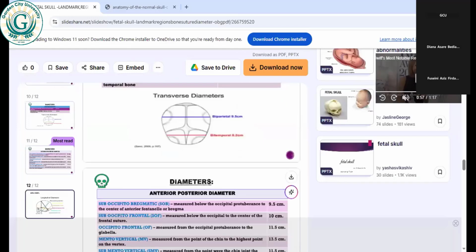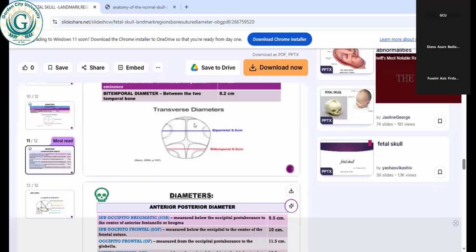Presenting diameters. Some presenting diameters are more favorable than others for easy passage through the maternal pelvis, and this will depend on the attitude of the fetal head. The term attitude is used to describe the degree of flexion or extension of the fetal head on the neck.